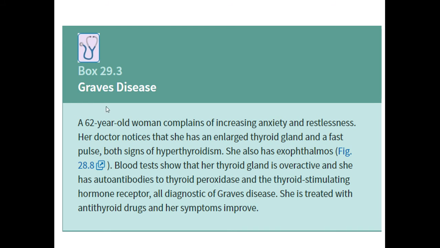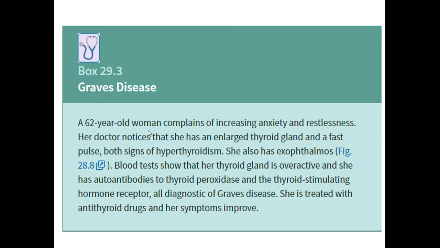Like in this disease, we call it Graves' disease, where the antibodies are going to bind to the thyroid gland cells, and the binding here, they will act as a hormone like T3 or T4, stimulating the thyroid gland to produce thyroxine and thyrotoxicosis.